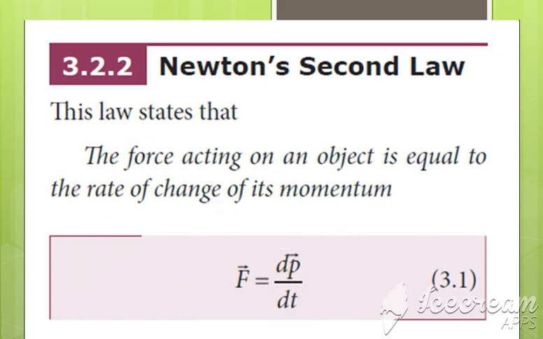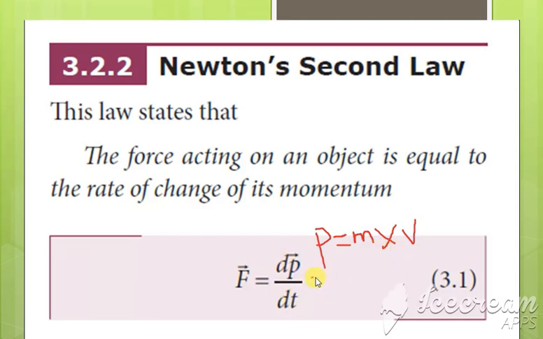So whenever you are writing Newton's second law, we have to write the equation F is equal to dp by dt. So the force acting on the object is equal to the rate of change of its momentum. So this is the equation. Here, instead of p, we can write p is equal to m into v, okay. So momentum can be written as mass into velocity. So I am writing this as m into v, okay.